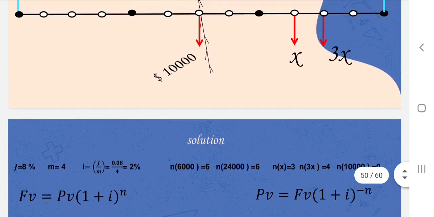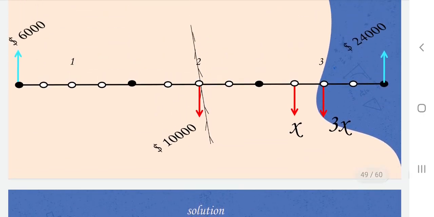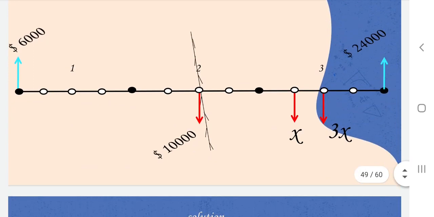Note that we can get n for $6,000 by getting the distance between the maturity date and focal date, which is equal 18 months. 18 months ago. Every period equals 3 months, so n will be equal 6, and the same for $24,000.